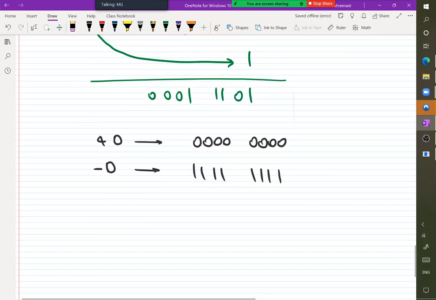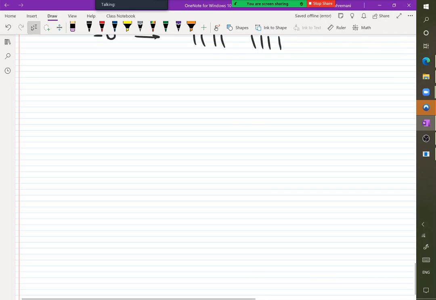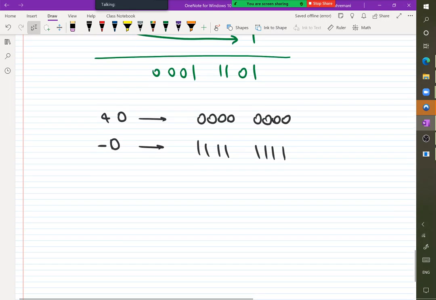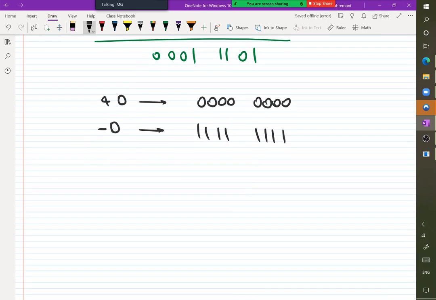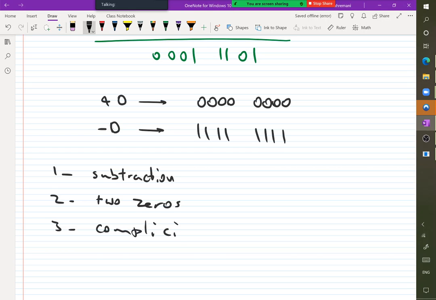Okay. Now, so we had three problems. The first problem was subtraction. The second problem was two zeros. The third problem was complexity.